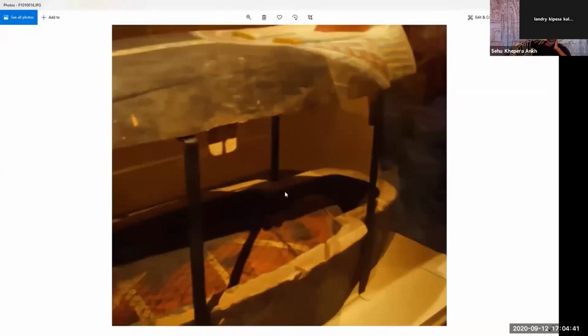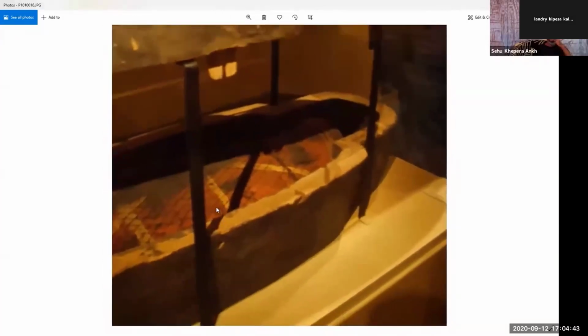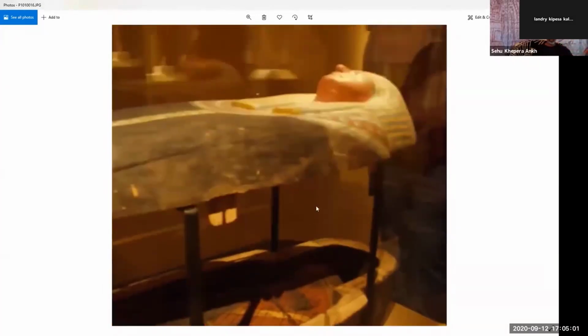And here's the ancient Egyptian coffin, and actually this coffin would be placed in another coffin, a rectangular coffin, where you can see that it's cut out in the shape of the person. And then you have a mummy board that goes on the top, the lid, with the face and an idealized image of the person who was buried.